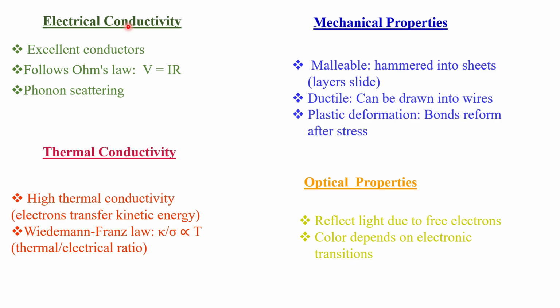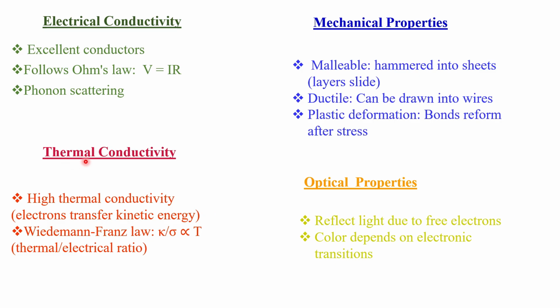When an electric field is applied, these electrons drift and create current. However, electrons do not move freely forever. They scatter from lattice vibrations called phonons and from defects. As temperature increases, phonon vibrations increase, leading to increased scattering and reduced conductivity.